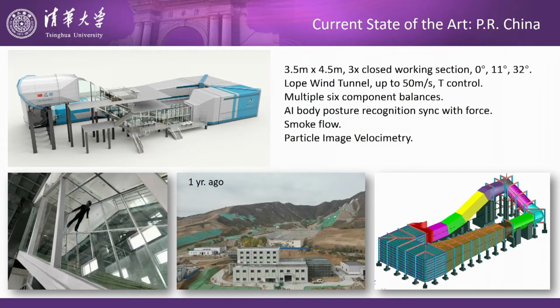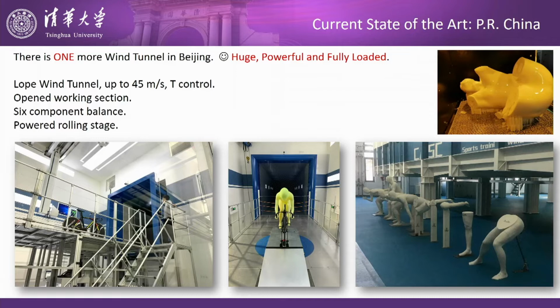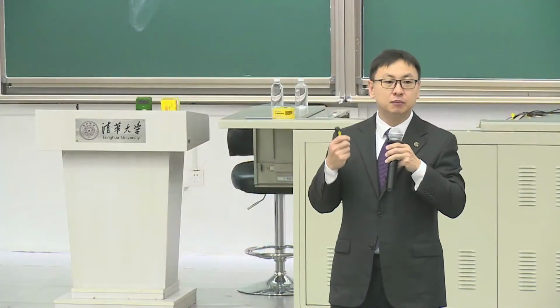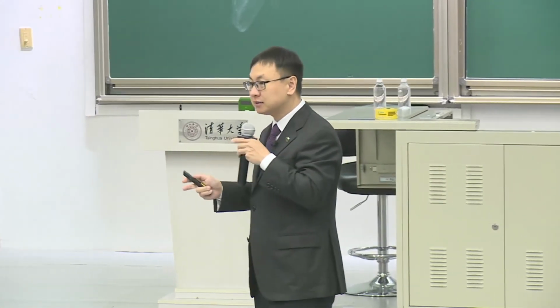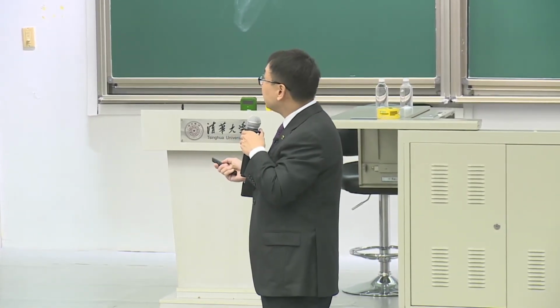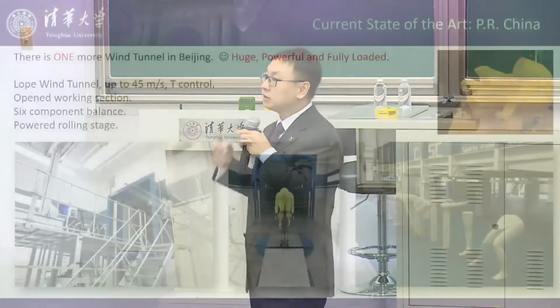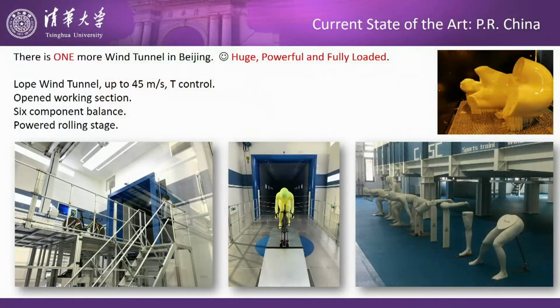Okay, the big brother. We have 1 wind tunnel in Beijing. I don't have pictures or locations. It's huge, powerful, fully loaded. It can hold a real bobsleigh. Just now we mentioned that Australia uses a 50% scaled model, and we can do full size. It's a looped wind tunnel with an open working section. You can see this is the outlet and this is the work stage.